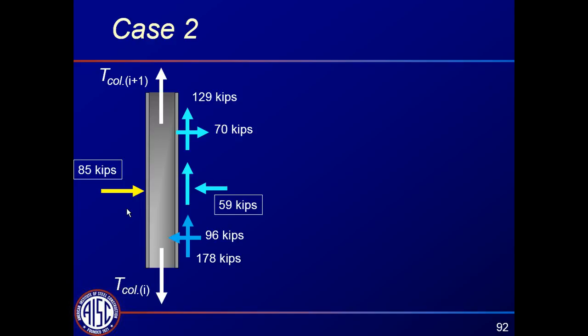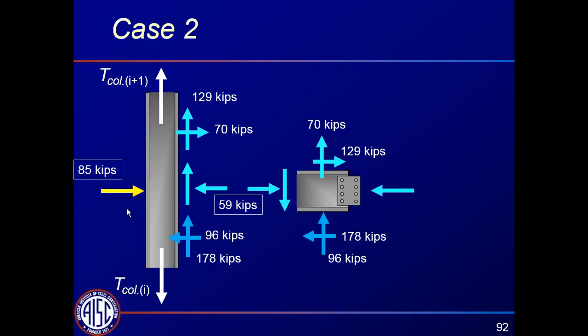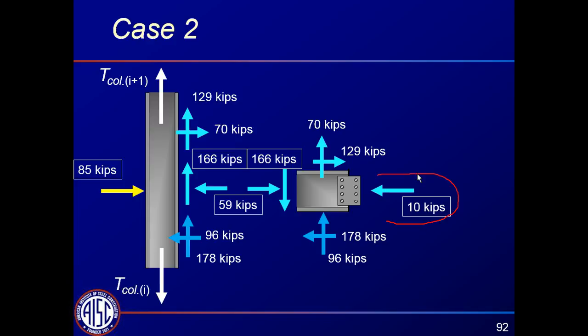That's 60 kips about there. And then I do the sum of the forces in the vertical direction here and solve for the vertical force, which is 166 kips. Also, I solve for the horizontal force in the beam, although this isn't going to be what governs. So now case 2 is covered. This covers us for the collector force times omega.